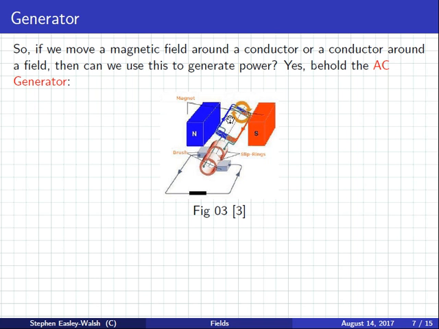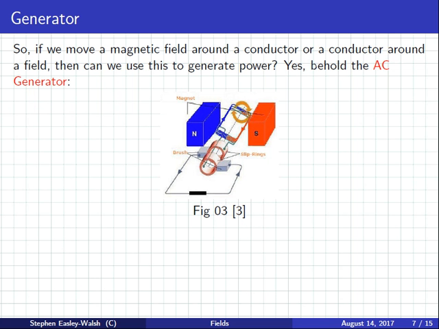And instead of having a power supply here, we have a resistor that we're trying to power, and we have to provide a force. So we have to turn this. This moves inside the magnetic field, which will make the current. Now, I said earlier, if we move a magnet, we make a current.